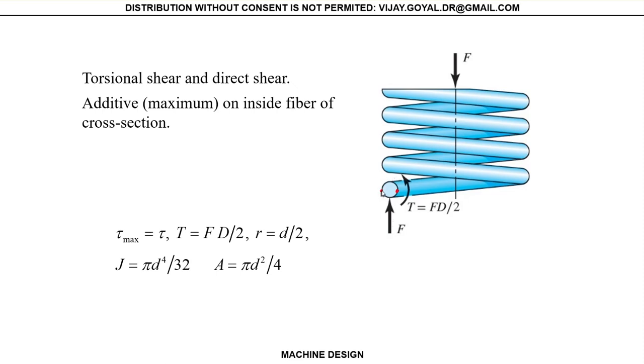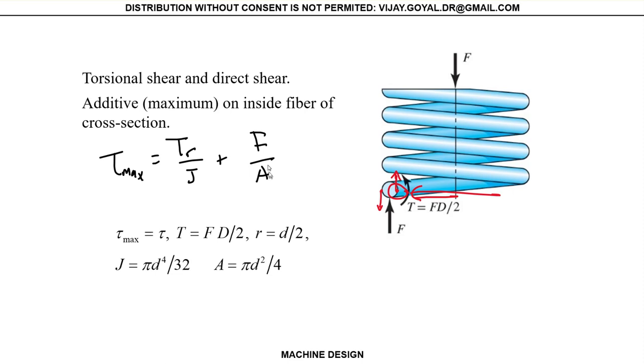These are the two points I'm using. This is going like this. This is going up. My torsion is going this direction. So you can see that I'm using this point right here as critical. And your tau max in this problem then would be Tr over J plus F over A.